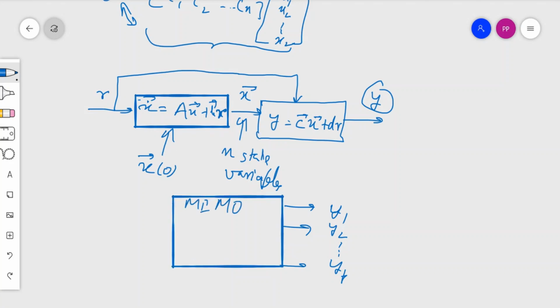Suppose we have m inputs, so this is r1, r2 up to rm. So in that case, this MIMO system will be represented as x dot equals Ax plus Br and y equals Cx plus Dr.